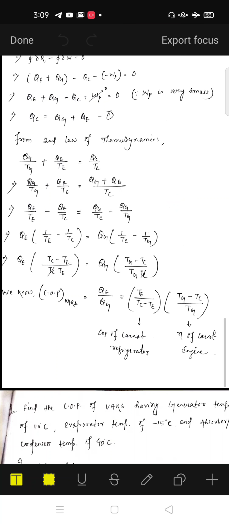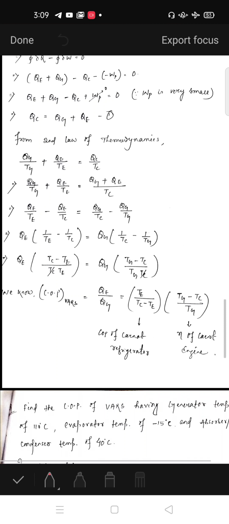So QE by QG will be, just divide the QG here, you will get the final equation of COP, the formula will be TE by (TC minus TE) whole into (TG minus TC) by TG. And how to remember this COP of vapor absorption system?